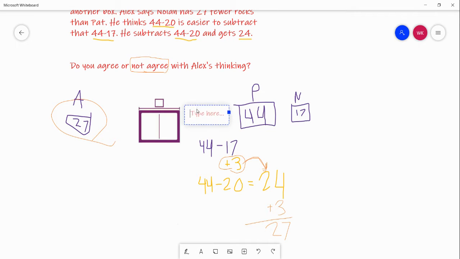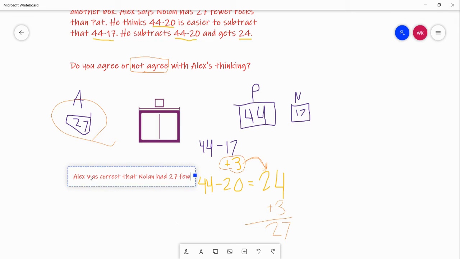So you can go ahead and make a statement. You can make an argument because we're reasoning about this problem. You could say, for Alex, if this works, Alex was correct that Nolan had 27 fewer rocks than Pat.